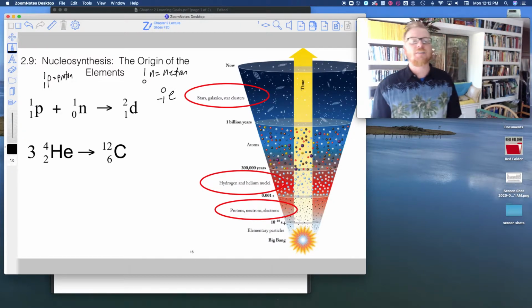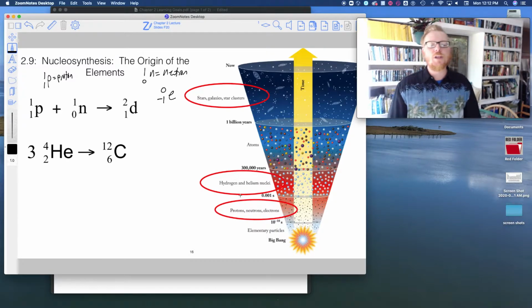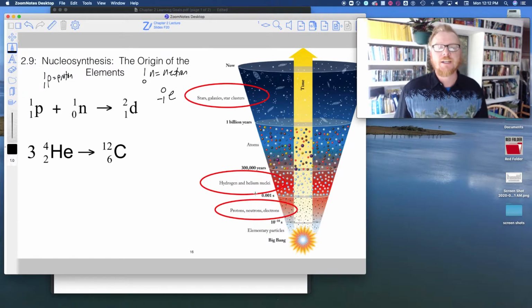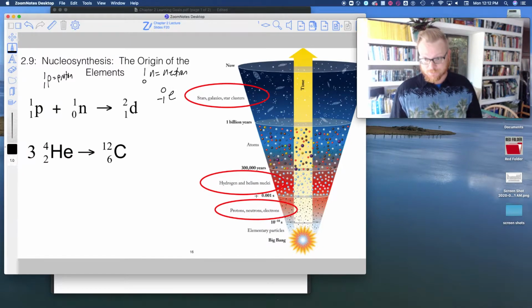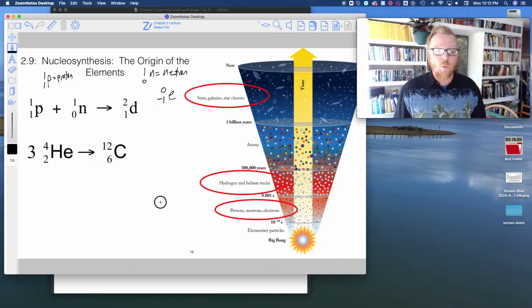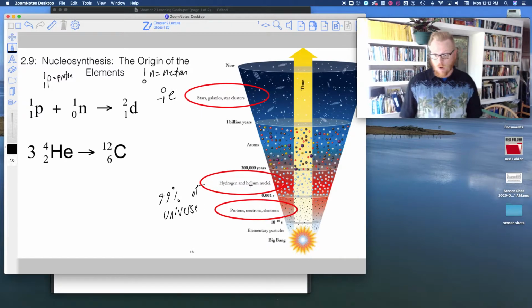But as it turns out, that's really where nucleosynthesis cut off because there wasn't enough energy to keep fusing these hydrogen and helium into larger atoms. So this is why about 99% of the universe is hydrogen and helium only.